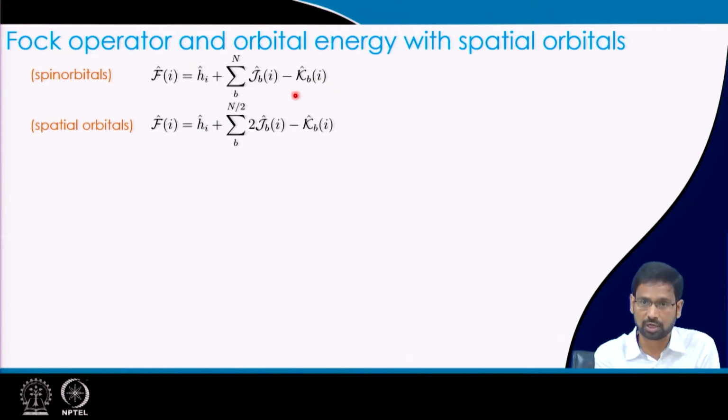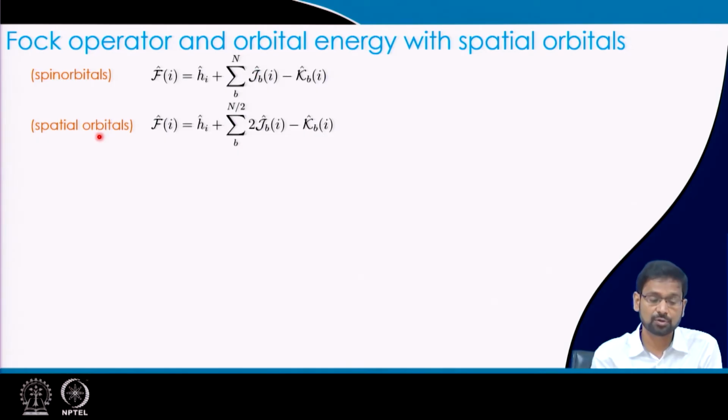These are the effective one-electron operators, where the Coulomb and exchange operators depend explicitly on one electron, because we are integrating out the coordinates of all other electrons. All other electrons are described as a charged cloud which is interacting with electron i. So, these operators J and K have explicit dependence only on electron i. This summation shows that I am taking care of all other spin orbitals.